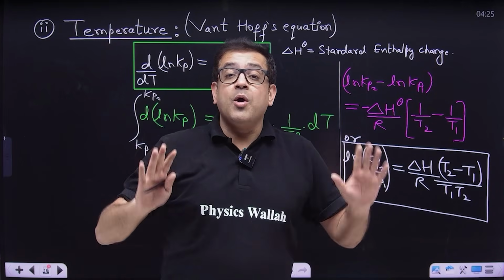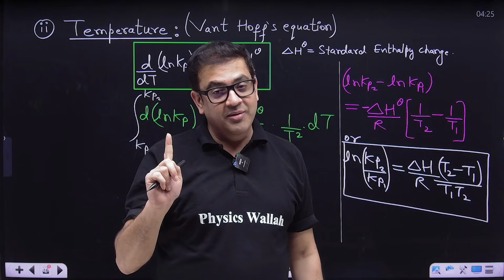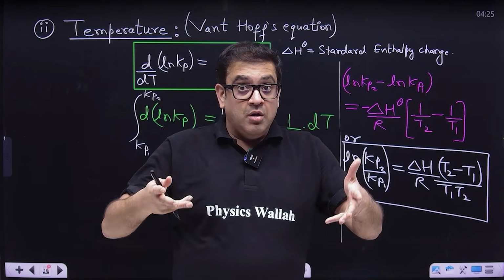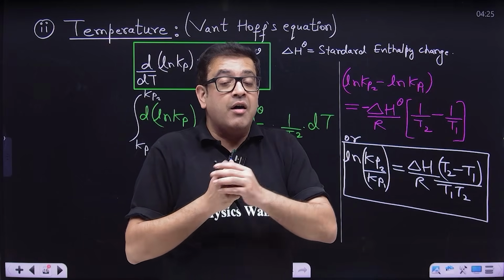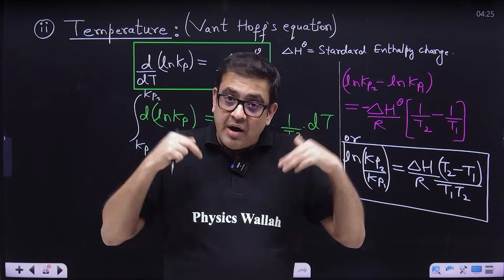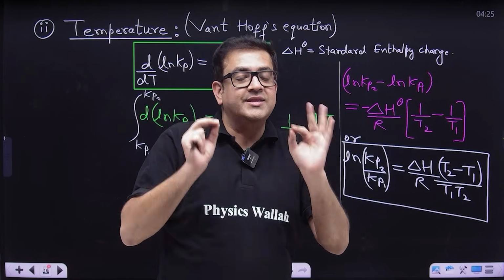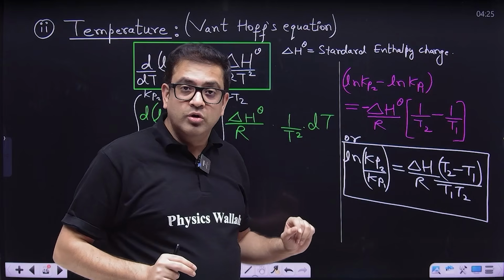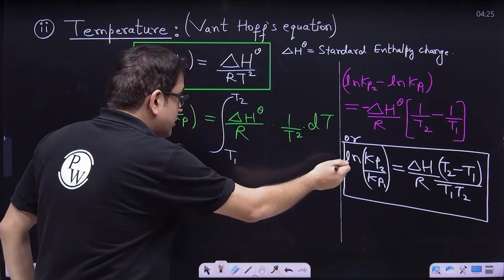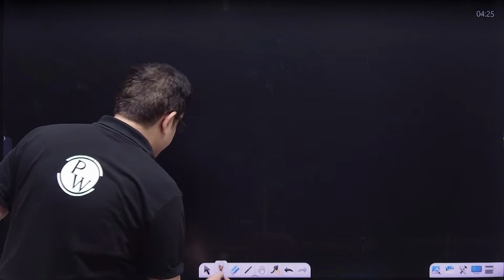And one property of log: sir, what is ln? Ln is natural log, log to the base e. Mathematically we have studied the values of log to the base 10. Sir, how can you convert to log to the base e? By a factor of 2.303. So instead of this, I introduce a new slide.